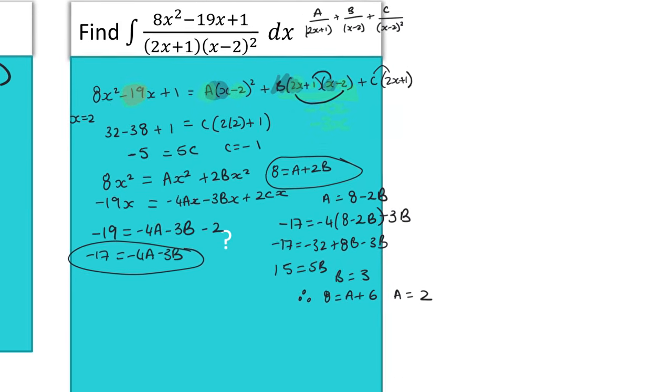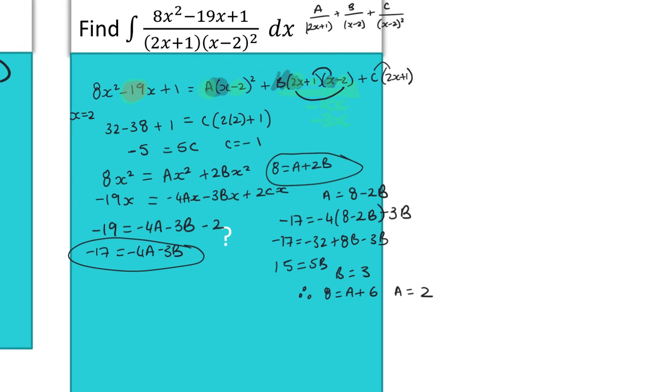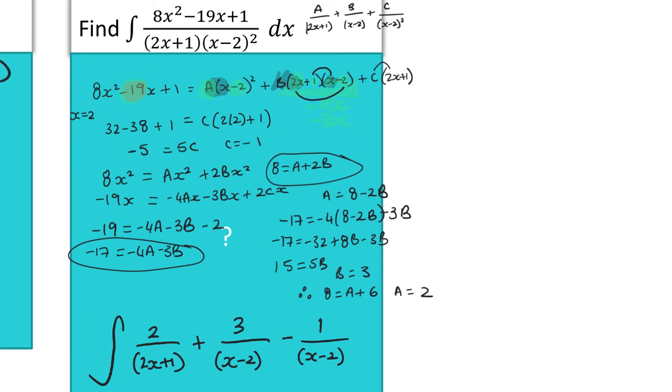So now, I haven't even gone to integrating yet. As you can see, your partial fractions question is not going to be only partial fractions. It will always be partial fractions within integration, okay? So now we can integrate. So what is my a? So 2 over (2x plus 1) plus 3 over (x minus 2) minus 1 over (x minus 2) squared, with respect to x.